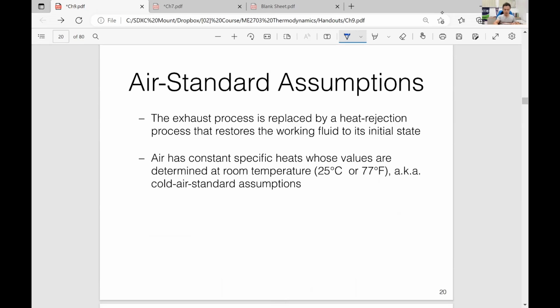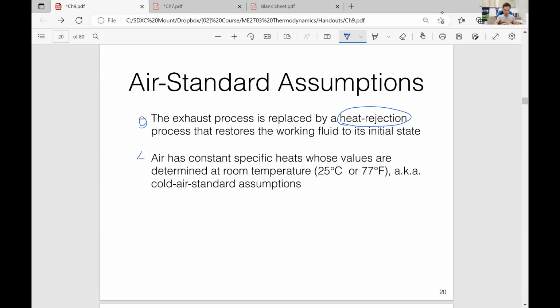Then the exhaust process is replaced by a heat rejection process that restores the working fluid to its initial state. We don't deal with the exhaust process either. We just use a simple heat rejection process to replace it. That would be easier.